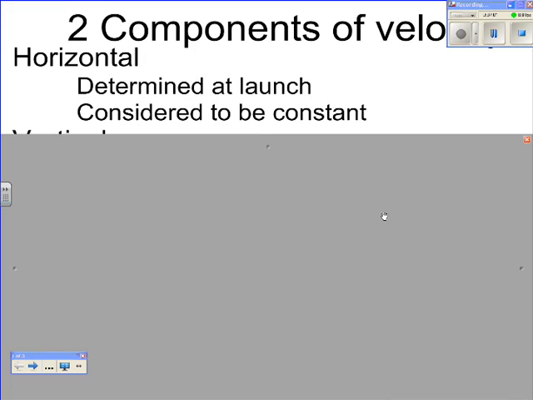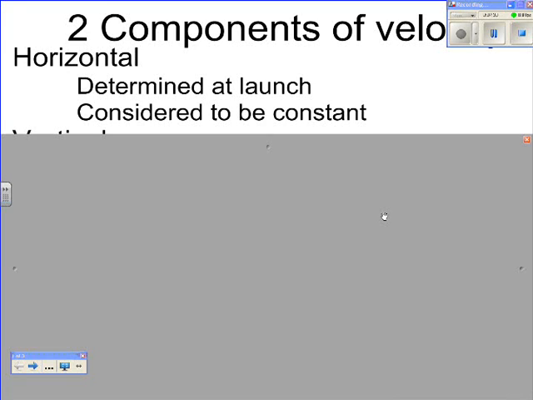When the pin hit my other one, did it have a horizontal velocity? Yeah. Now, once it leaves that pin, or once my dart leaves the gun, does its horizontal velocity change at all, if we ignore air resistance? Then no, it doesn't.